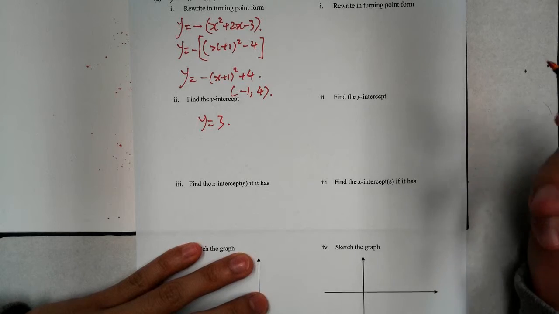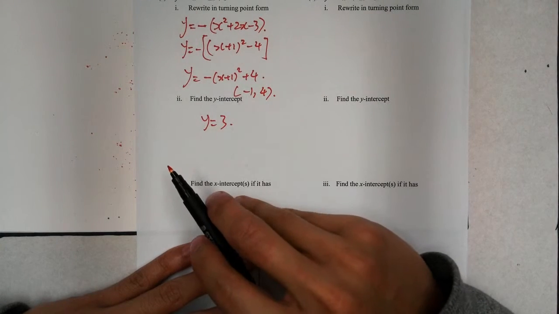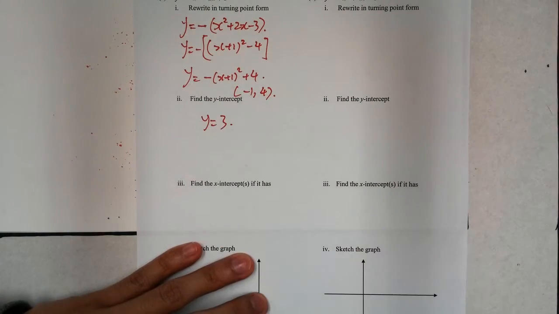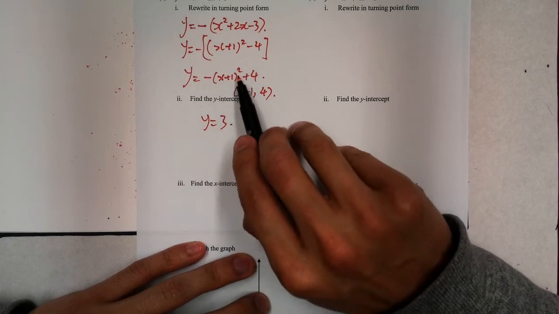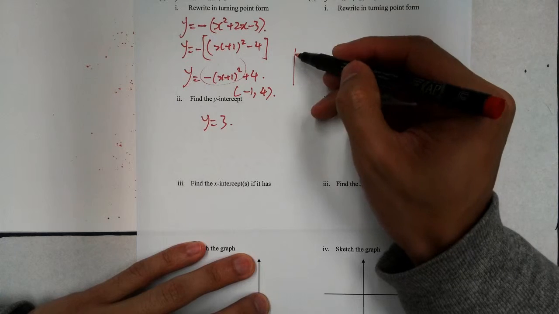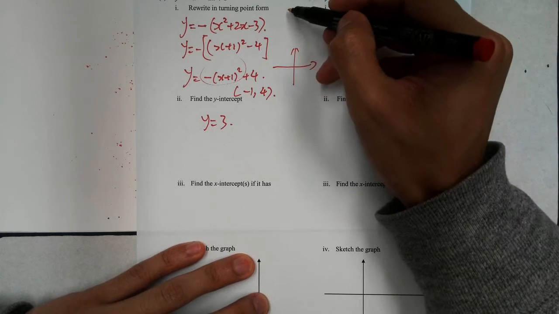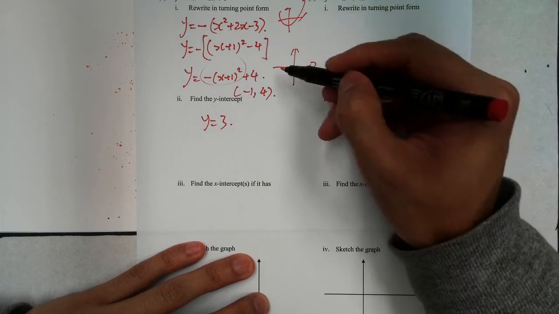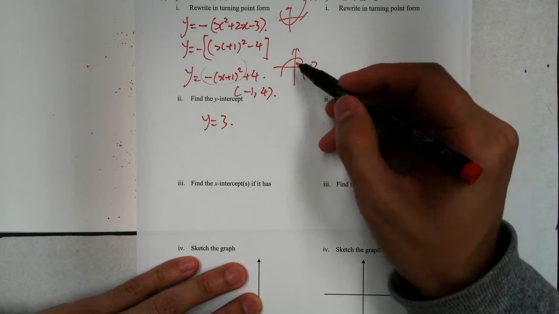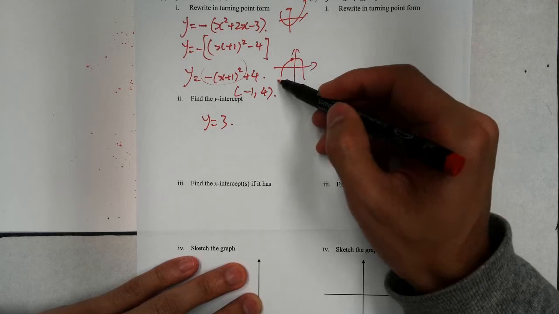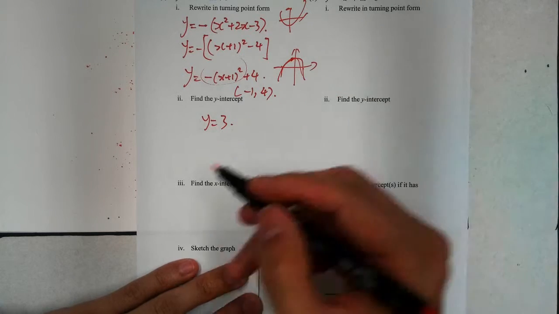However, the only difference between this question and the previous question is we have a negative coefficient in front of the square. If there's a negative here, the graph doesn't draw like the U shape. Instead, it's drawn like the N shape, the opposite. Alright, so therefore we know negative 1 and positive 4 should be drawn like that.